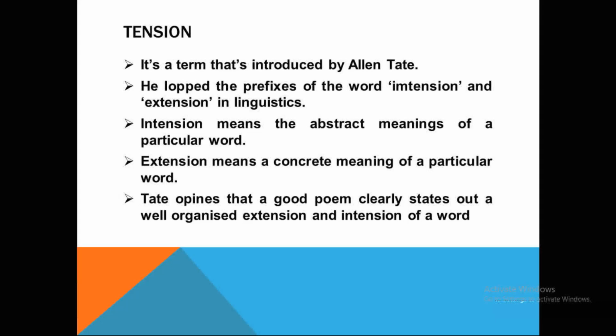It's a combination of extension and intention in one word. Tate opines that a good poem clearly states a well-organized extension and intention of a word. It is the equilibrium of the serious and the ironical aspect of poetry, right? So there is an equilibrium that's brought in by the concept of tension.